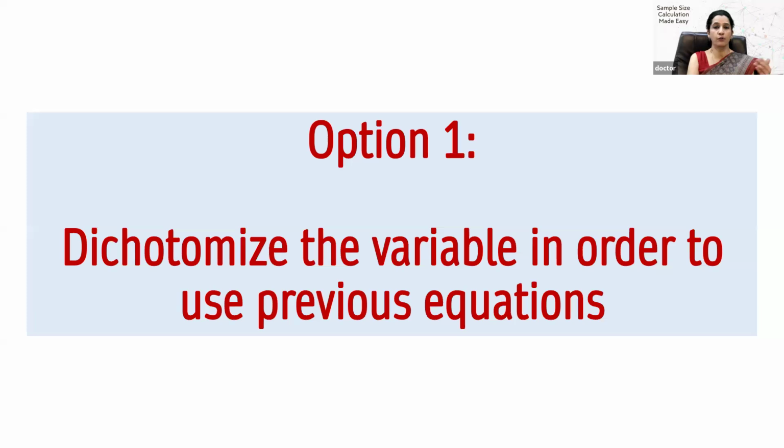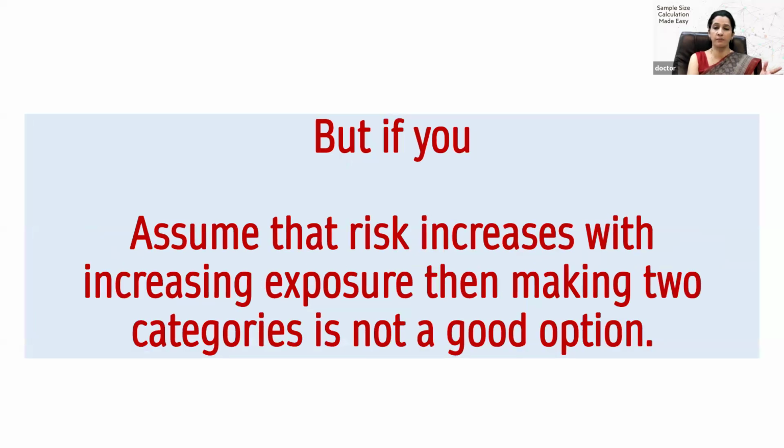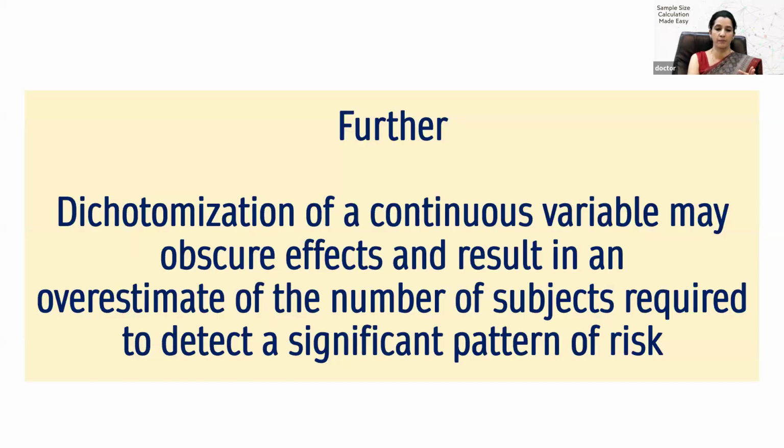Either you can dichotomize the variable in order to use the previous equation like we have seen. But if you are sure that by dichotomizing you are going to lose data, because we know that continuous data has more validity than a categorical one, and you think that making categories is not a good option, then you can use the formula of mean as an input.